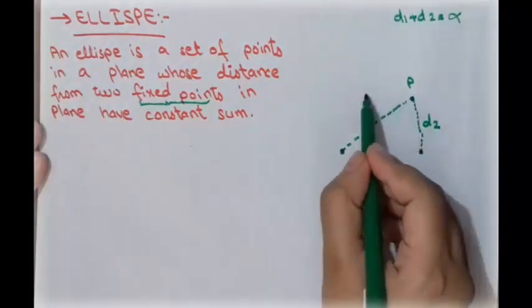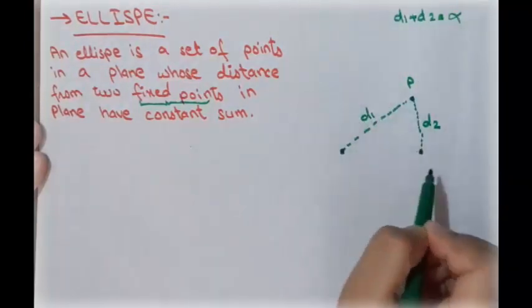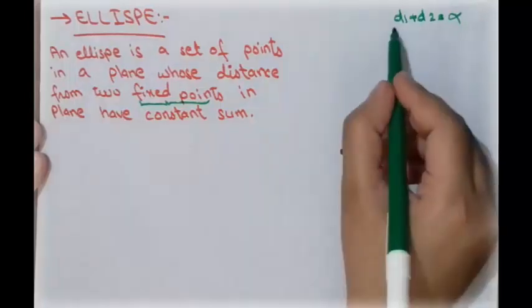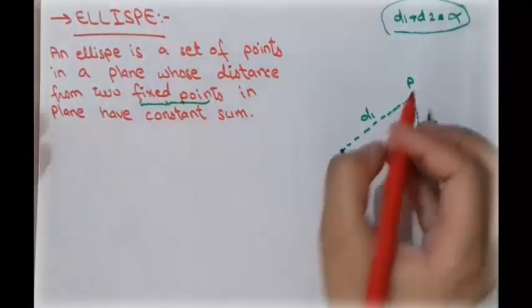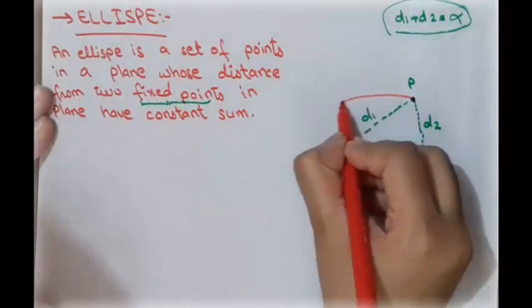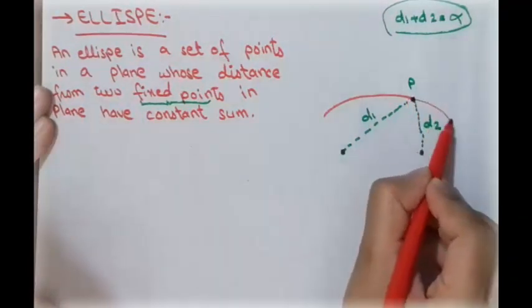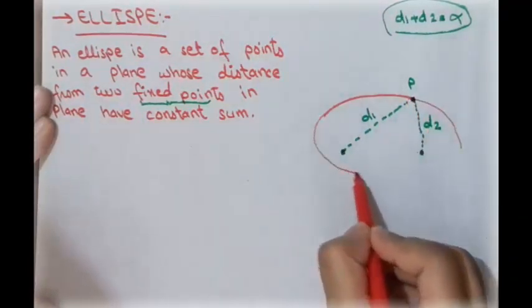If I take all these points, the distance sum always remains the same, and they form the shape of an ellipse.